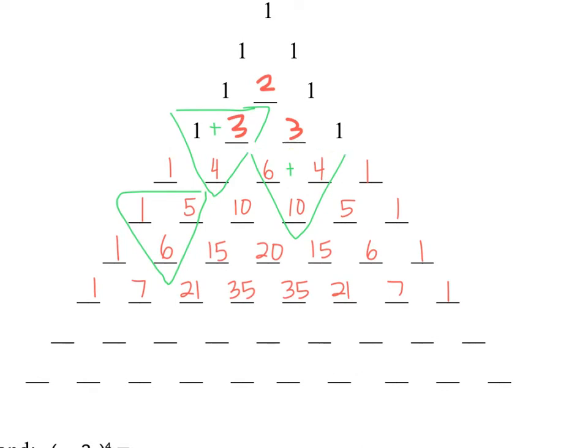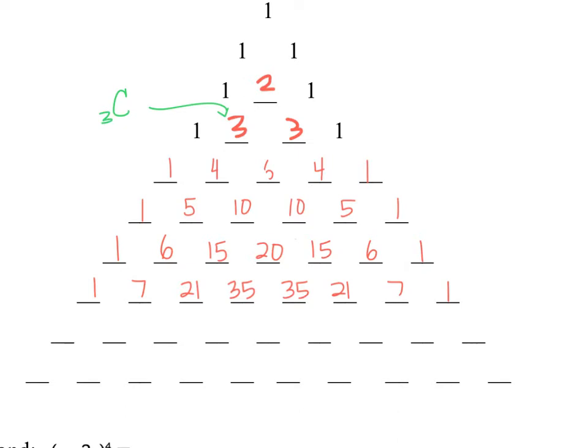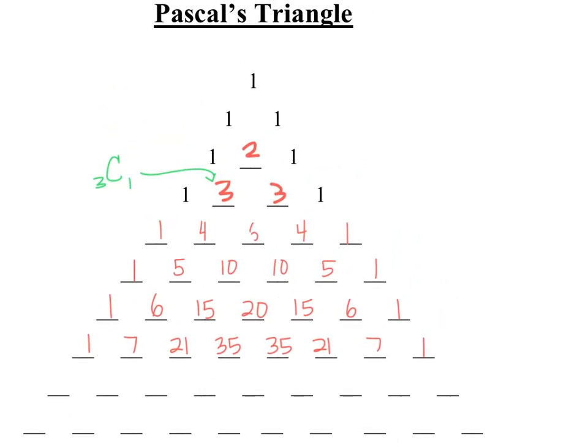Okay, so let me clean this up a little bit. Let me get rid of my green triangles. All right, so each of these positions matches up. Let me remind you of how this goes. That guy right there, that was C3, 1. We say that that's the number that is in the third row.